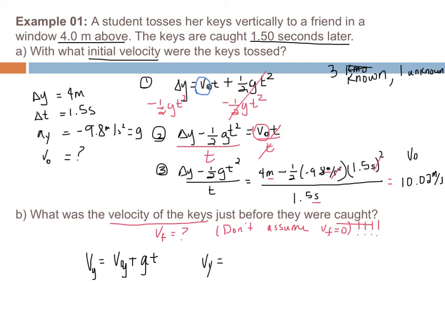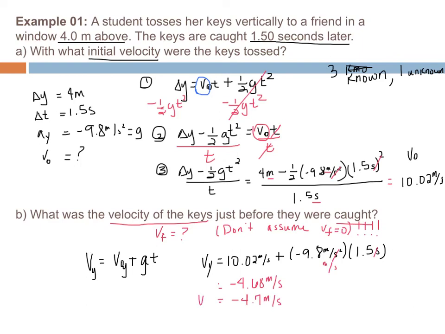So this becomes 10.02 plus negative 9.8 times 1.5 seconds. Again, my units work out, so that's good. You should get a final velocity of negative 4.68 meters per second. Negative 4.7 would have been fine too.